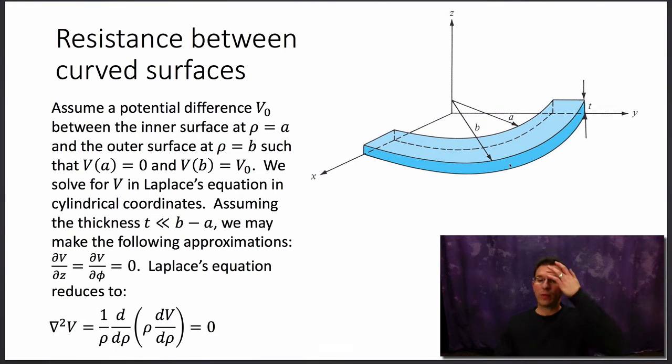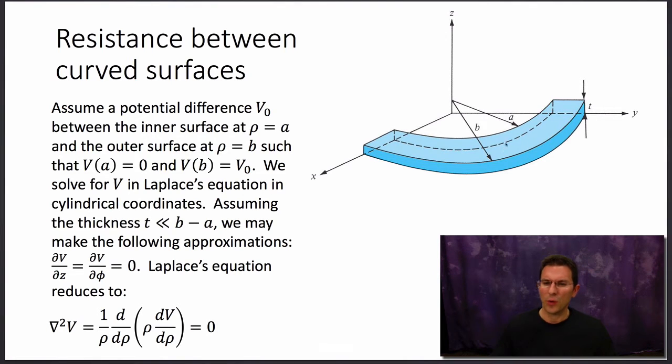So we should expect that most of the potential change should be in the rho direction. The potential should primarily be changing in the rho direction because we're creating a potential difference between two points along a line of rho, along the rho coordinate essentially.